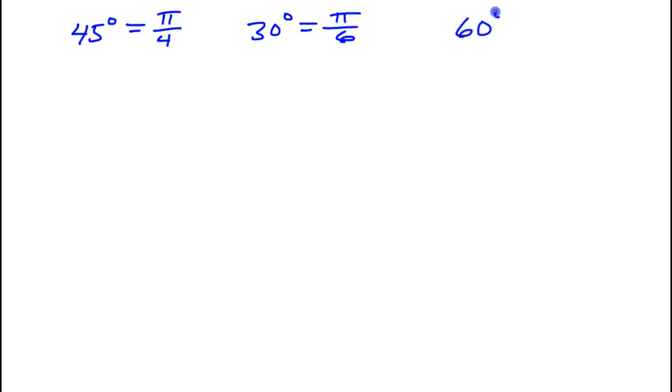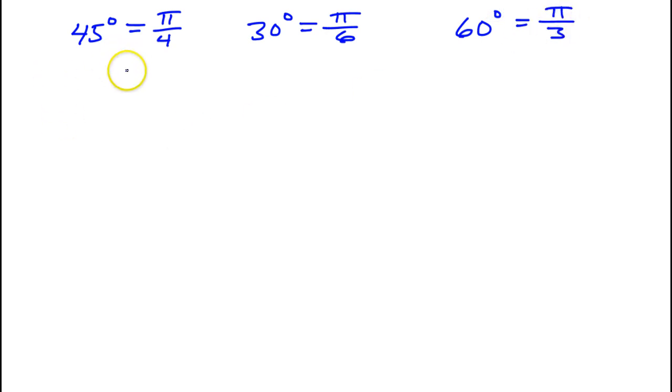Okay, so the chart goes like this. 45 degrees is the same thing as pi over 4. So let's get that out there. And let's see, 30 degrees is the same thing as pi over 6. And 60 degrees is the same thing as pi over 3.